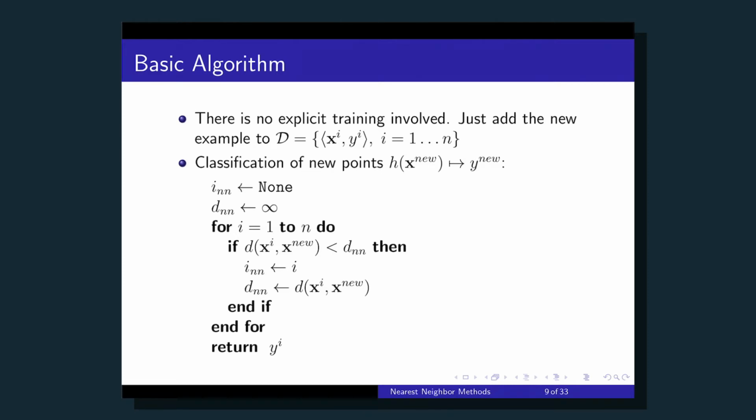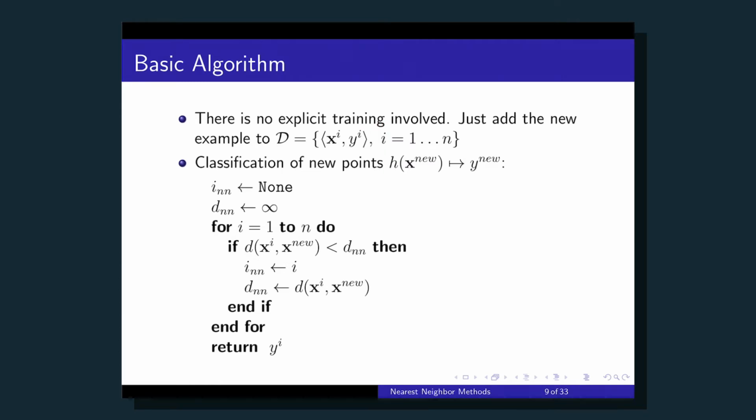You keep doing this for all the points in your training set. Classification itself uses the raw data set; there is no explicit training involved.